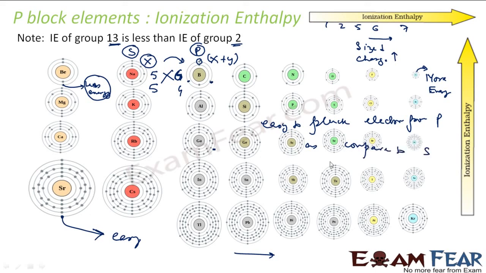So s will be the most difficult, then we have p, then d, and the easiest will be f, right? Since the orbitals involved are different here, there is a slight deviation.